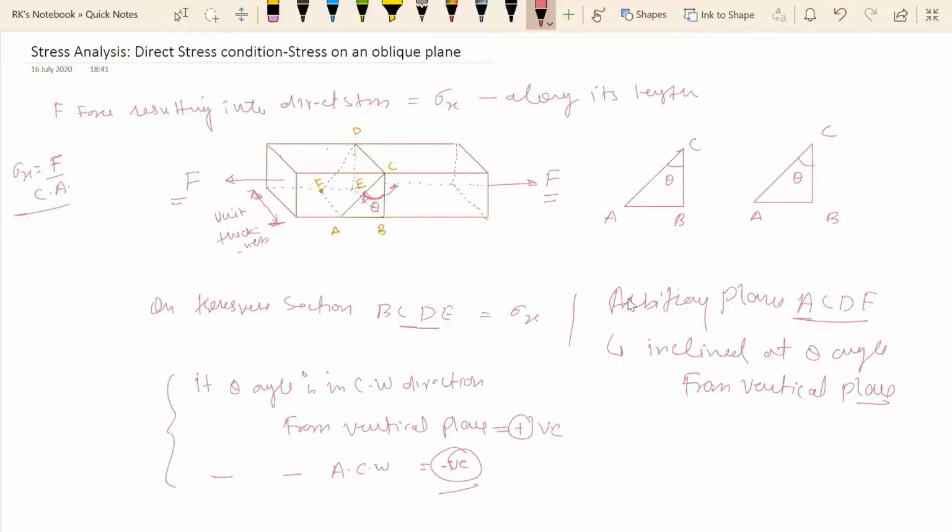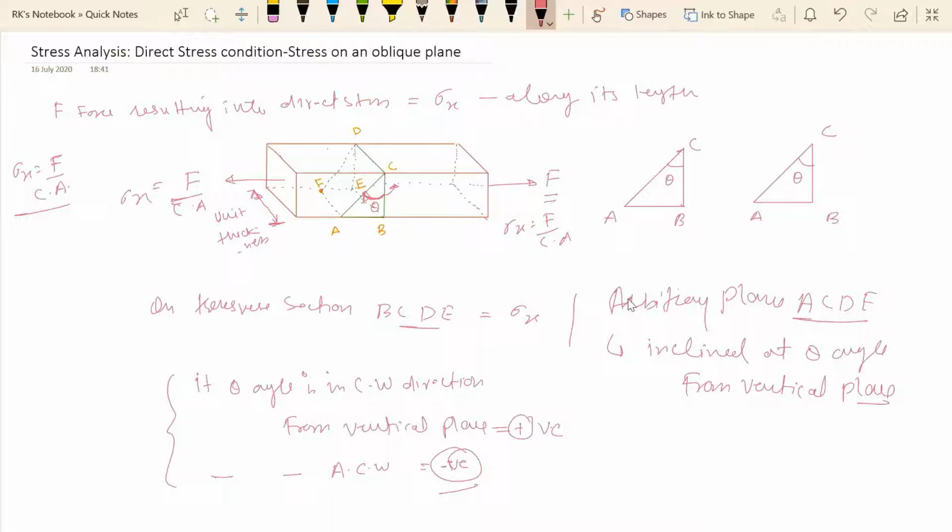So if this F results in sigma x, then sigma x is equal to F by cross sectional area. Now let's consider this plane. If we draw it here, this BC line represents the BCDE plane, and this AC represents the ACDF plane.